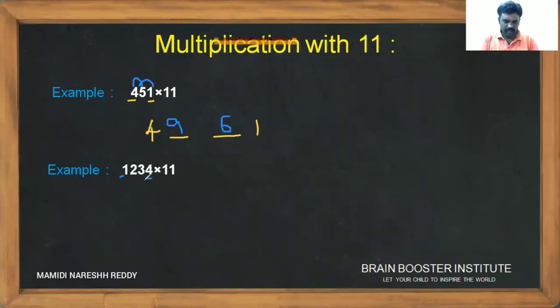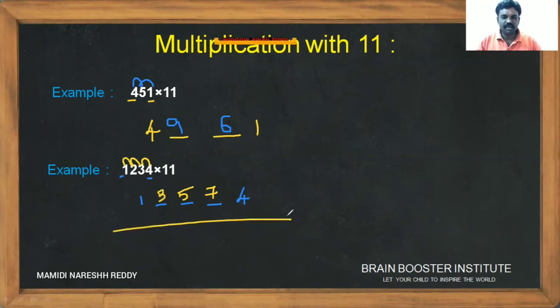I think you might have understood how many spaces we need to use between the 1 and the 4. As we get three sums, I am giving three spaces now. By taking the three spaces, I'm adding the first two: 4 plus 3 is 7, 3 plus 2 is 5, and 2 plus 1 is 3. The simple answer is 13,574.